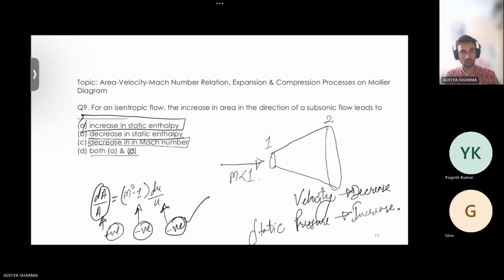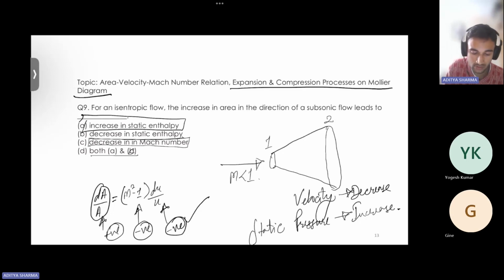This has also been discussed in these topics: expansion and compression on the Mollier diagram. If the velocity increases, or if the Mach number increases, the static enthalpy decreases. But if there is a decrease in Mach number, then there should be an increase in the static enthalpy. This is what I understand from the content also.